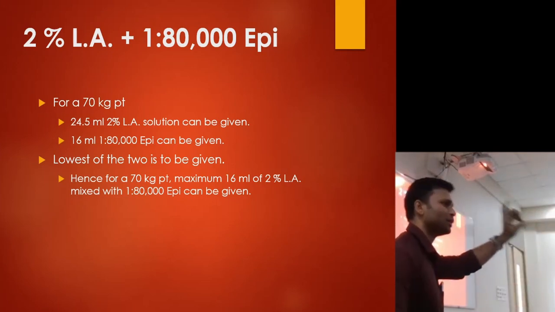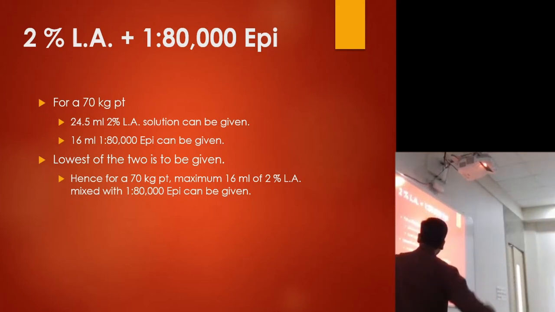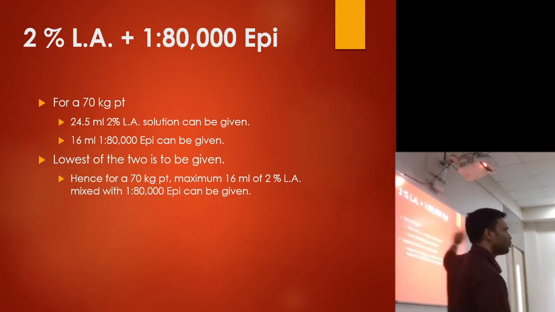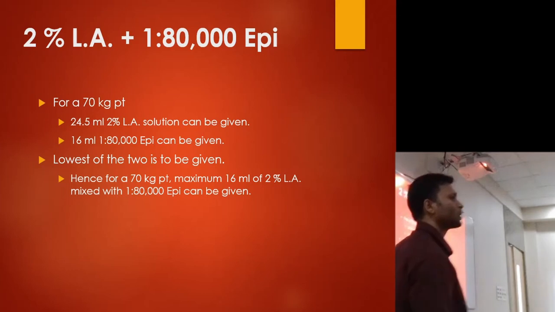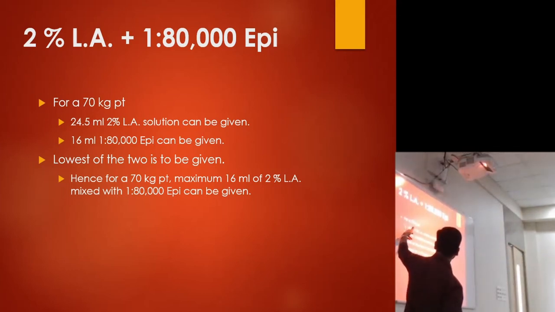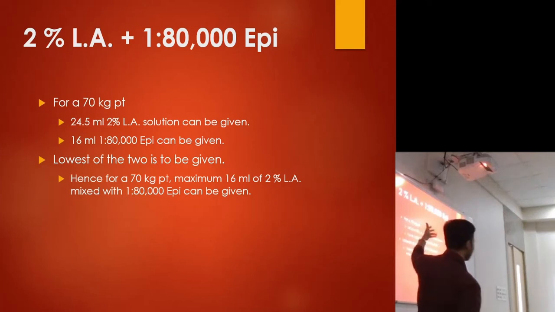It is a single solution. So whatever is the lower value in दोनों में से, we are going to give that. So in this solution, 2% LA with 1:80,000 epinephrine, the maximum that we can give to the patient is 16 ml, not 24.5. We are going to go with the lowest of the two. Okay? Because अगर हमने ये दिया, we'll achieve the overdosage of epinephrine, right?